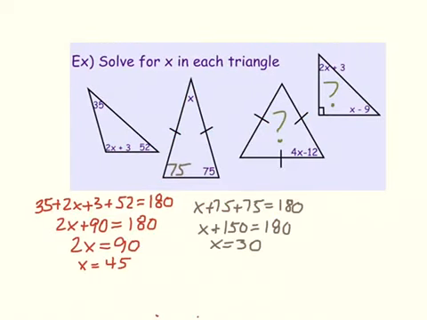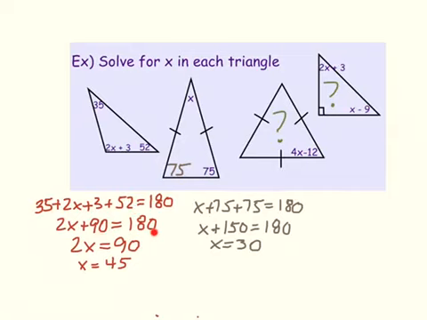And some of the problems that you might be expected to do might be set up something like this. In this first problem, we know that the sum of these three angles is 180. So if I take 35 plus 2x plus 3 plus 52, that has to equal 180. So I gather my 35, my 3, and my 52. That equals 90.